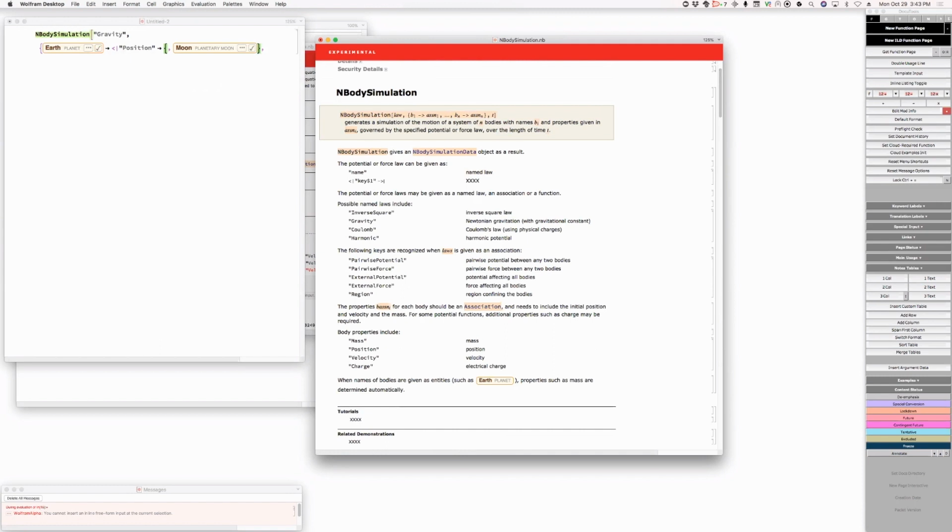arrow. Now, are those functions or names? They're typically going to be functions. Law with specified properties. Well, we might as well just say prop one.